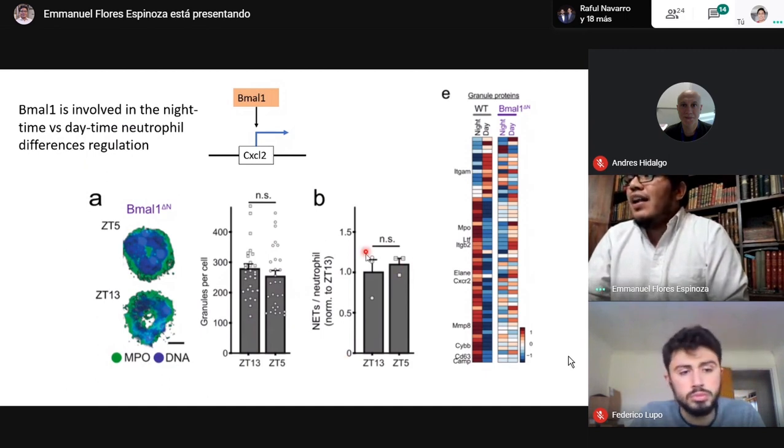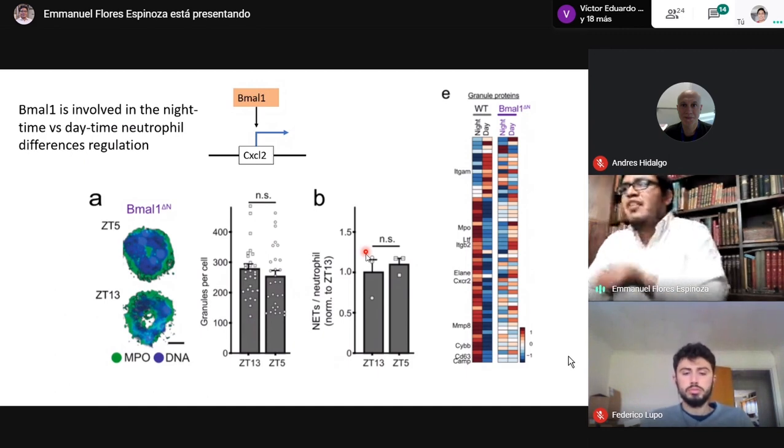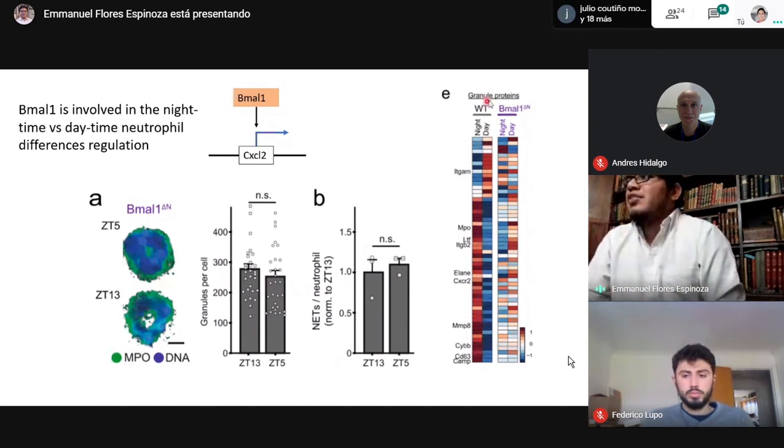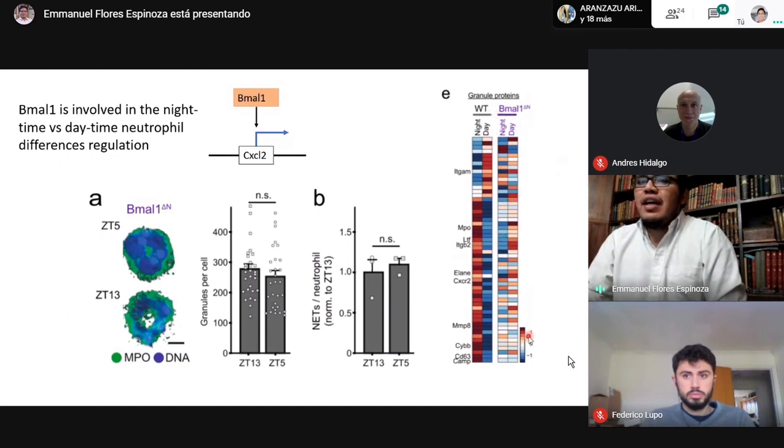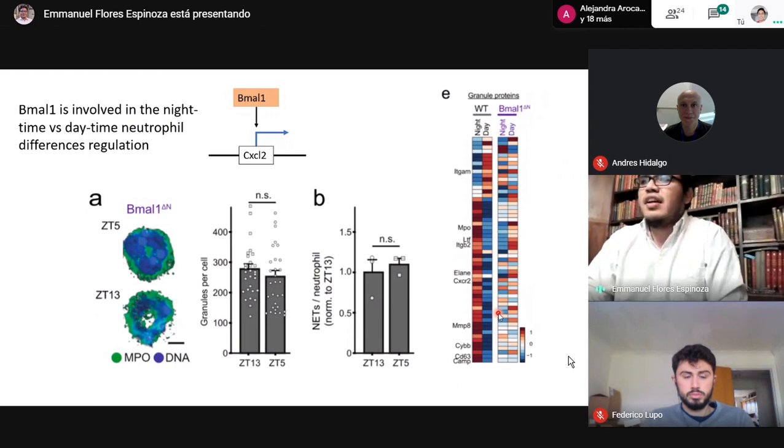And also the pattern of protein enrichment in the wild type conditions between night and daylight neutrophils is abrogated when you don't have Bmal1 in the neutrophil. So we can see that there is a clear role of Bmal1 in this circadian regulation.